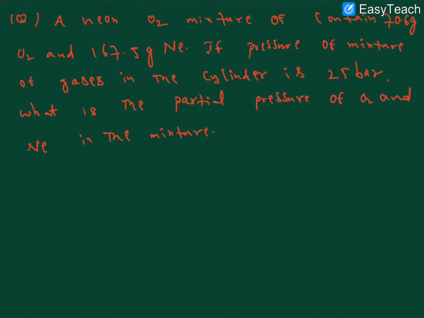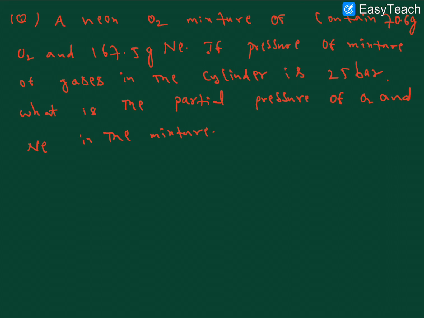Right, here. A neon and O2 mixture contains 70.6 grams of O2 and 167.5 grams of neon. If the pressure of the mixture of gases in the cylinder is 25 bar, what is the partial pressure of the O2 and neon?